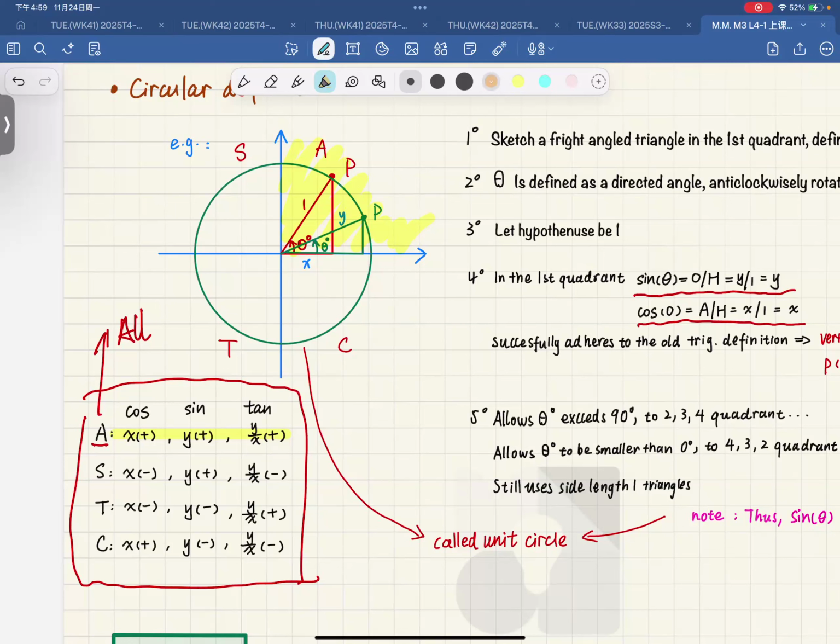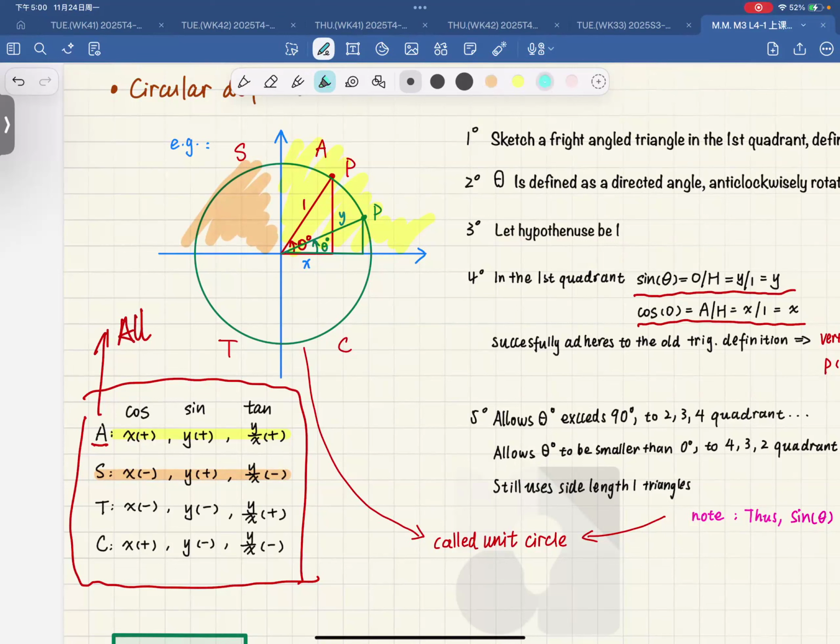I'll show you how to remember it. Let me explain this first and then I'll teach you how to memorize it. For this one, only sine is positive. Cosine and tangent are negative.